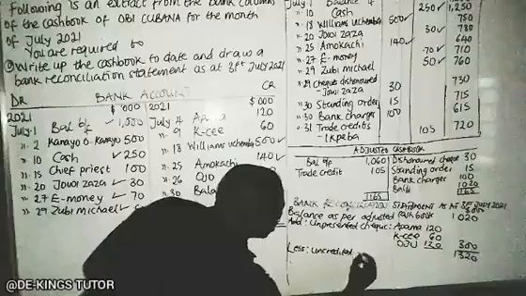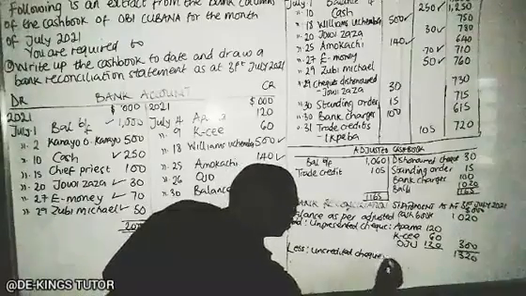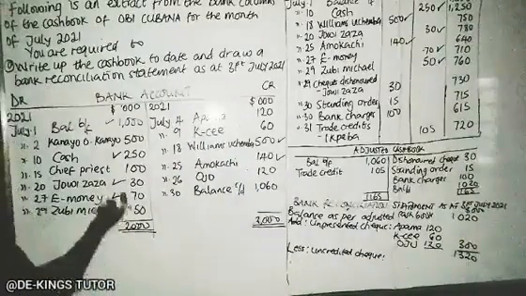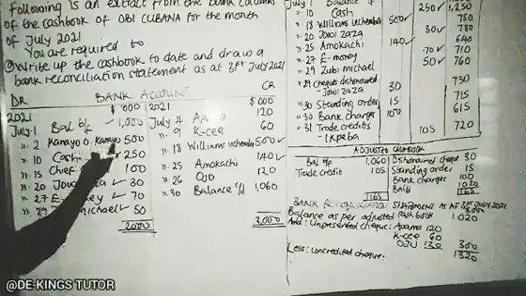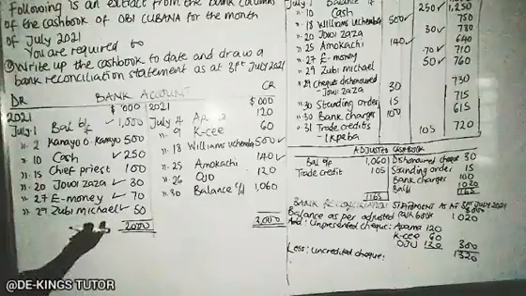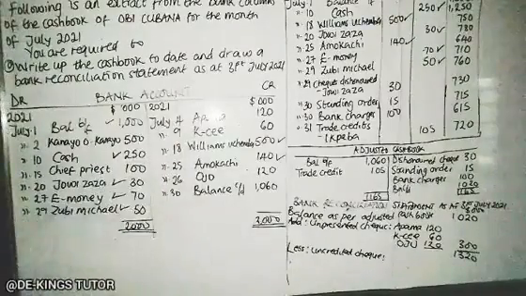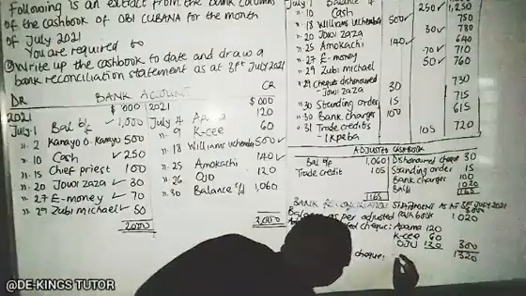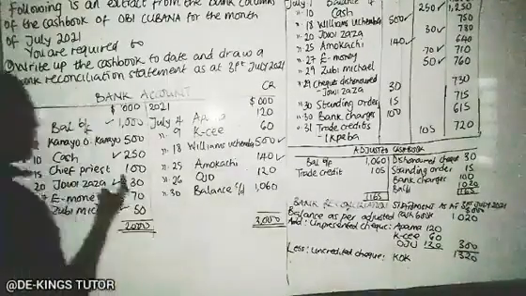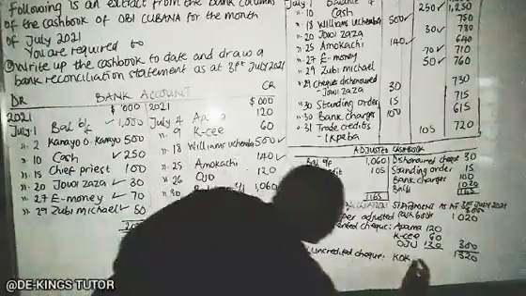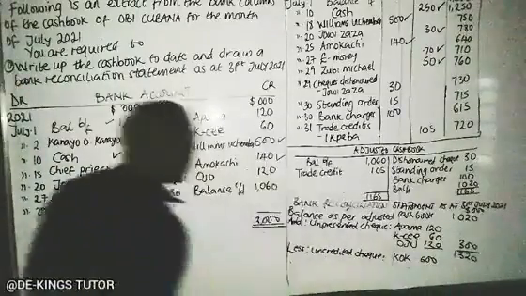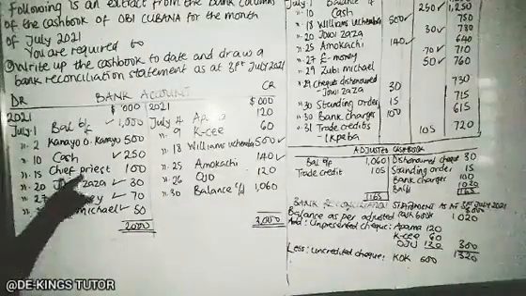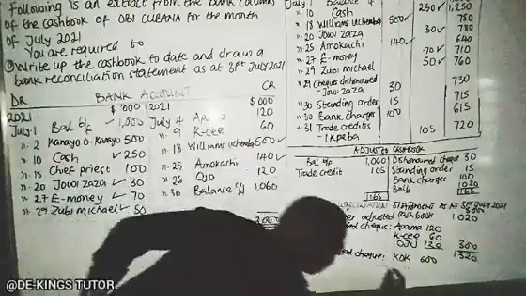Okay, so now we say less uncredited check. Now less uncredited check, those ones he was received in his cash book, recorded, but it has not reflected in the bank. So it was from what? KOK as Kanayo. It was 500. Now another one is from what? Chief Priest, Cubana's Chief Priest.